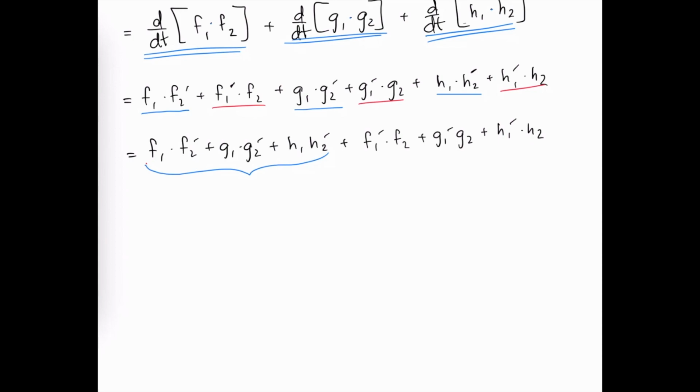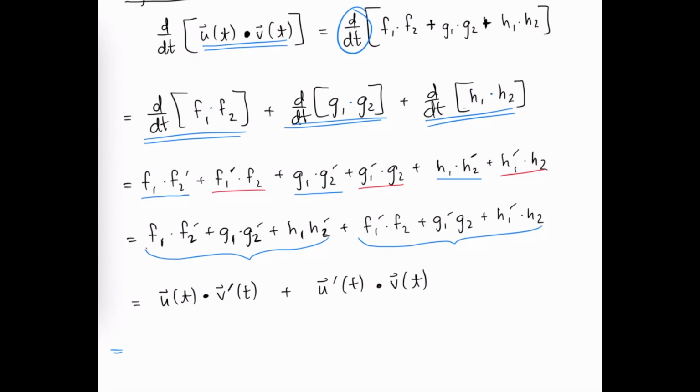Now let's notice that these three terms are the same thing as the u vector function dot product with the derivative of the v vector function, right? We have f1, g1, h1, that's u, and then f2 prime, g2 prime, h2 prime, that's v prime. So this is the dot product of u dot v prime. Plus, let's look at these three terms that have been added together, and these three terms make up the u prime vector dot the v vector.